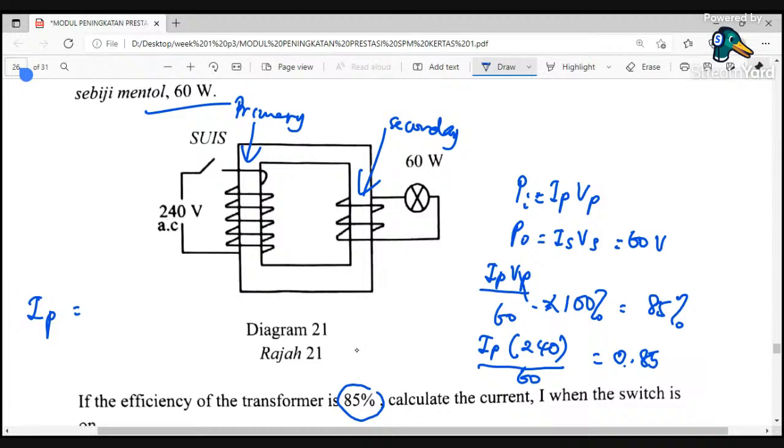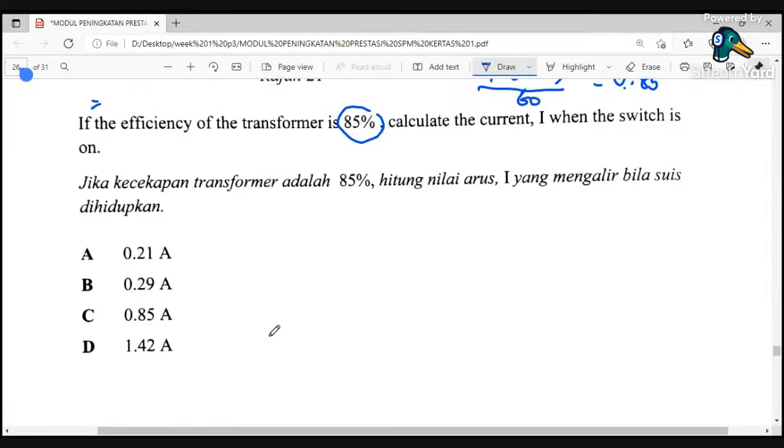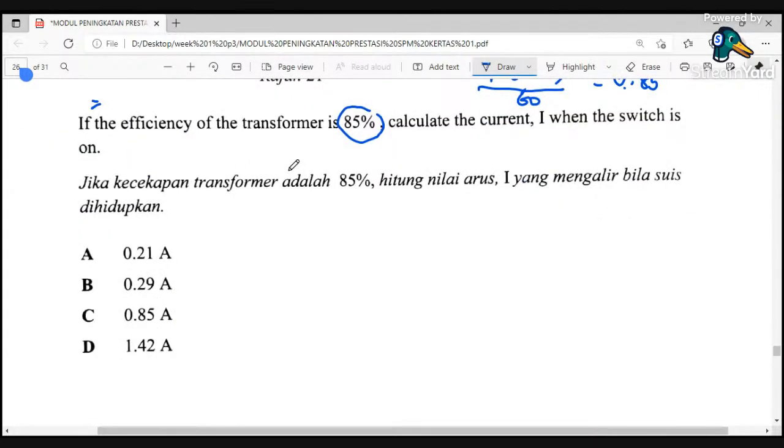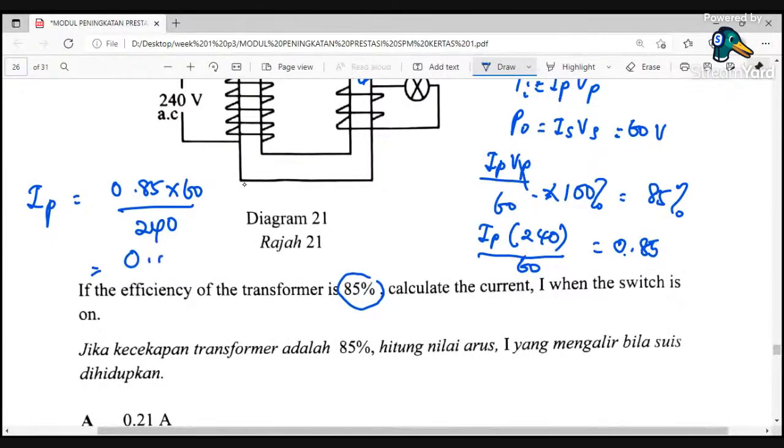Okay, IP equals to... kita tekan capital. So we get the answer is 0.2125.